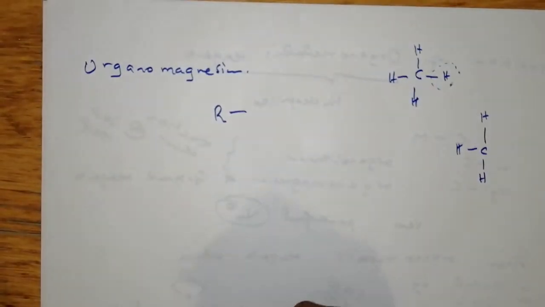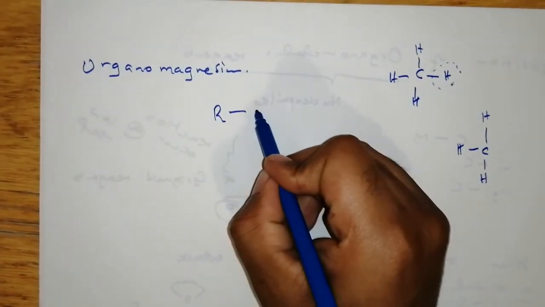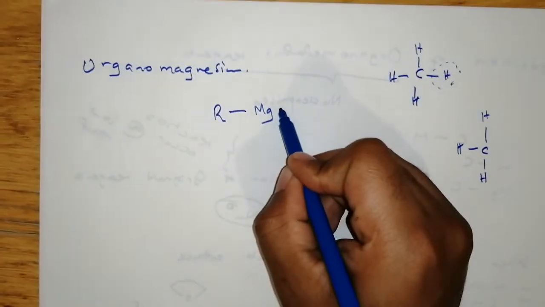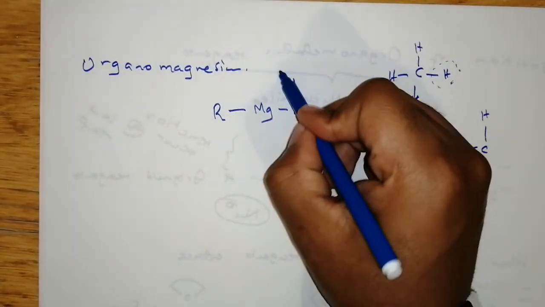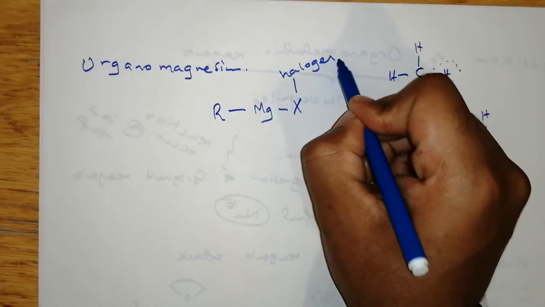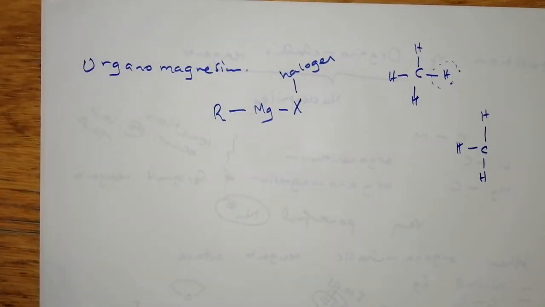Okay, so this is going to be directly attached to magnesium and X. X is a halogen, right? And in most cases we use bromine, chlorine and stuff like that.